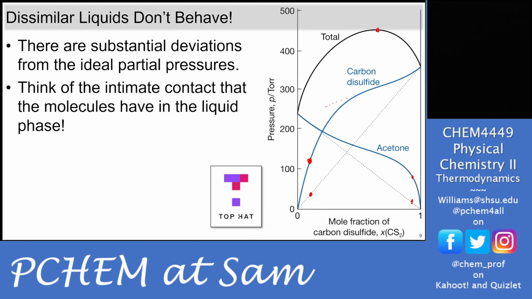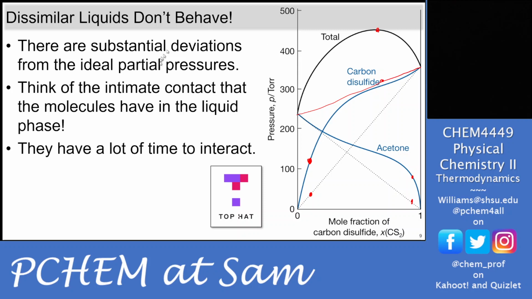So that's pretty bizarre. If I were to draw Dalton's law here, this would be the predicted pressure of all mixtures, right? And so I predict it to have a pressure of, say, close to 300 torr, and I'm getting 450. So that's a big error. So this would be a non-ideal solution, and these would be solutions that hate each other.